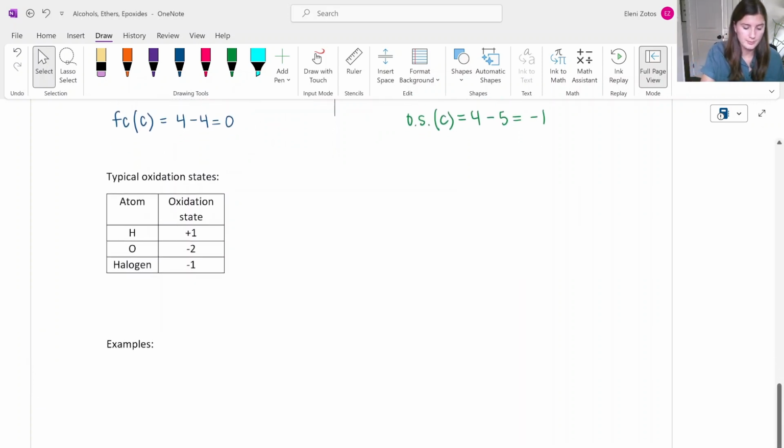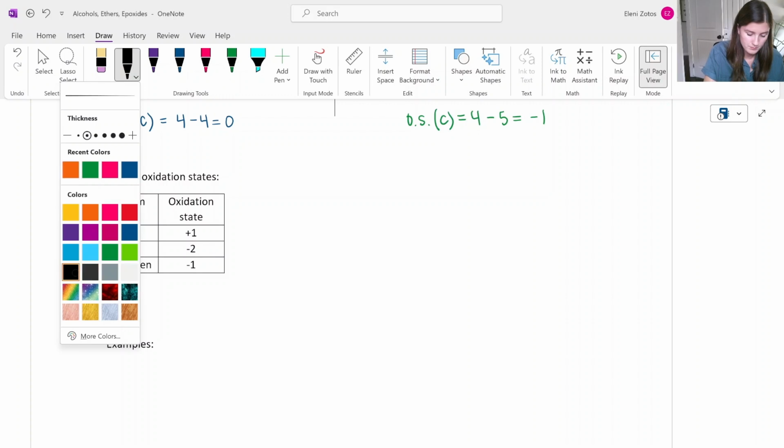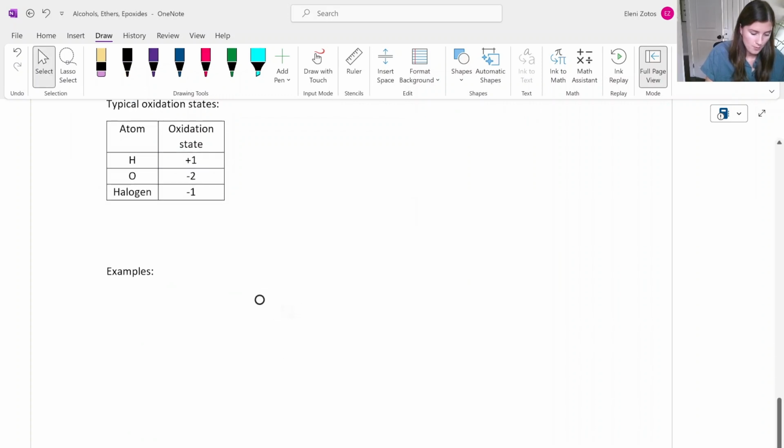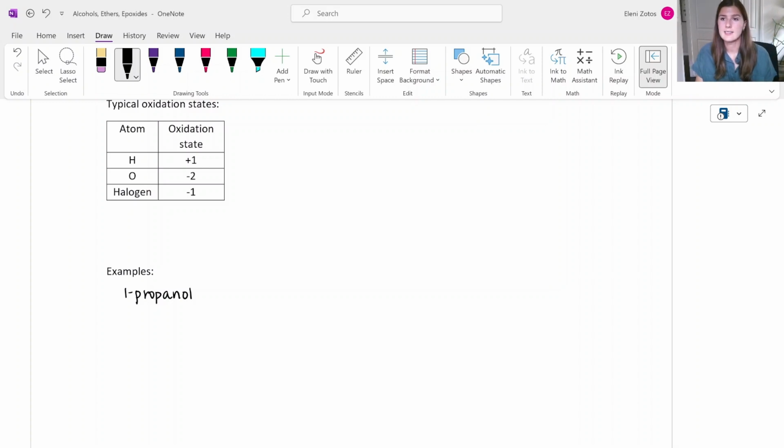So let's do some examples here. You might even pause the video and try calculating the oxidation state for the carbon that's bonded to the oxygen in each of these molecules.